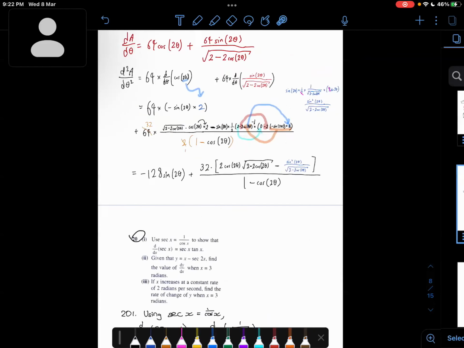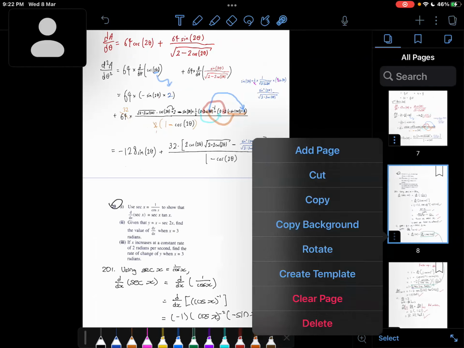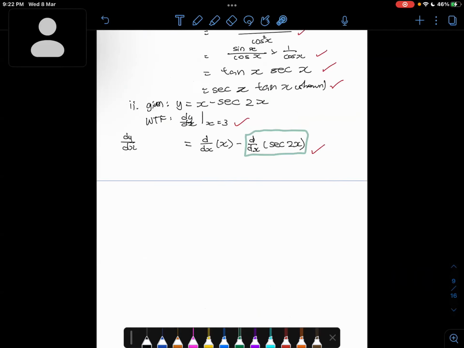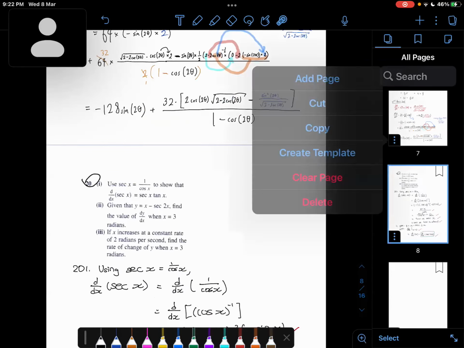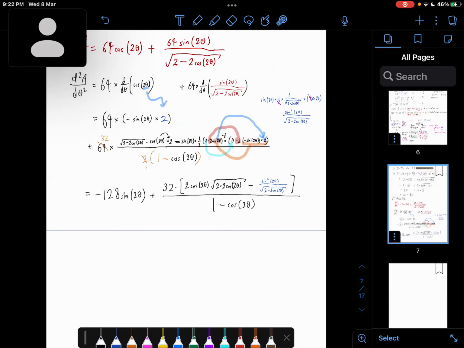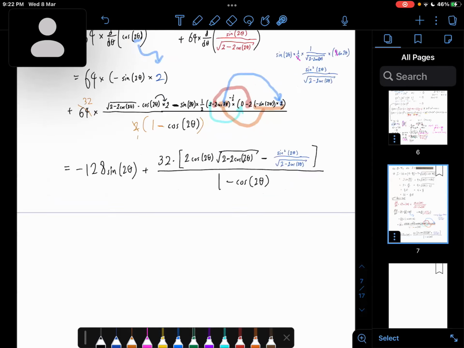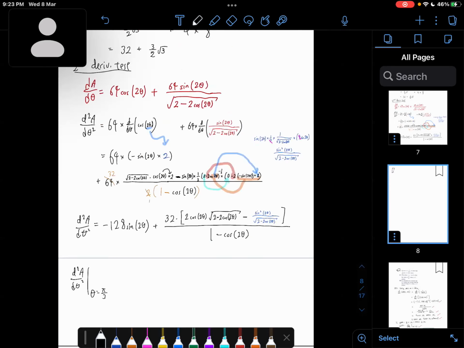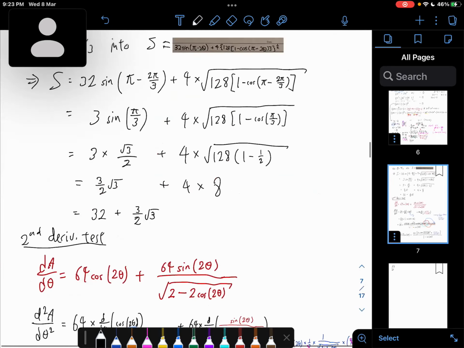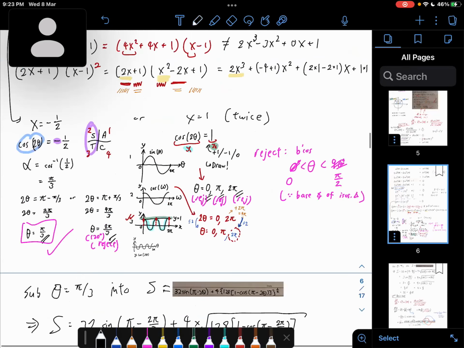Let me add another page. Wow, really no space. Okay. Oh, here. Okay, good. So next step is d2A by d theta square. Substitute theta with whatever we found, pi over 3, right? Then we're gonna determine whether it's positive or negative sign.